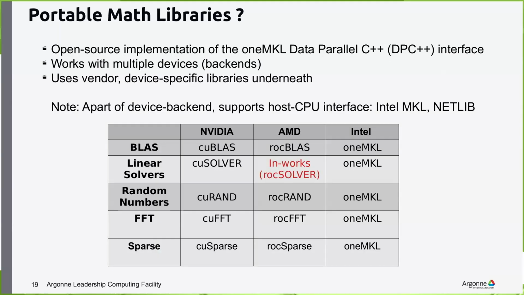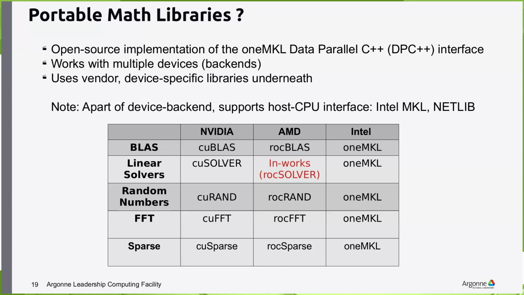So I'll talk about the math libraries, because we don't just want to talk about the language. We want to talk about the libraries as well, because that's how most of the projects are written or supported. There is something called oneMKL, a project based upon the DPC++ implementation from Intel.